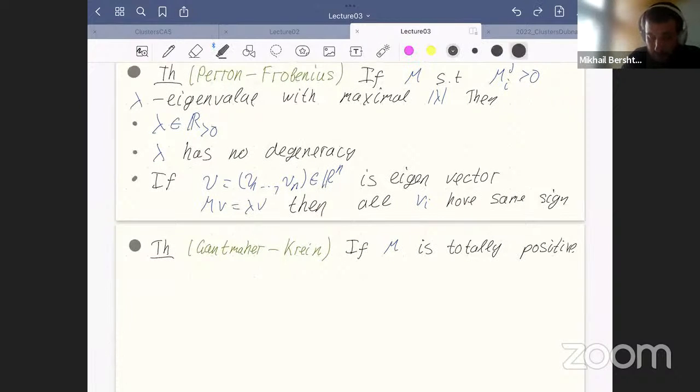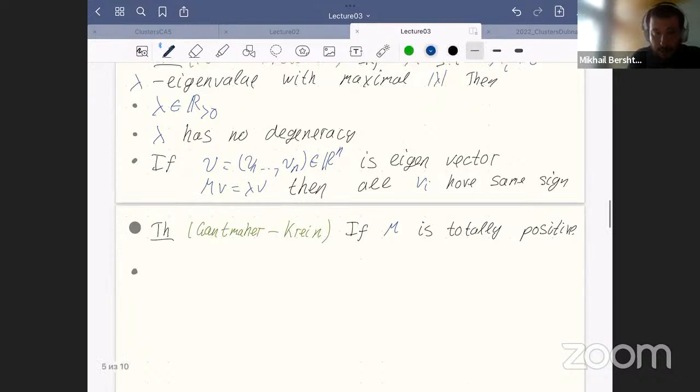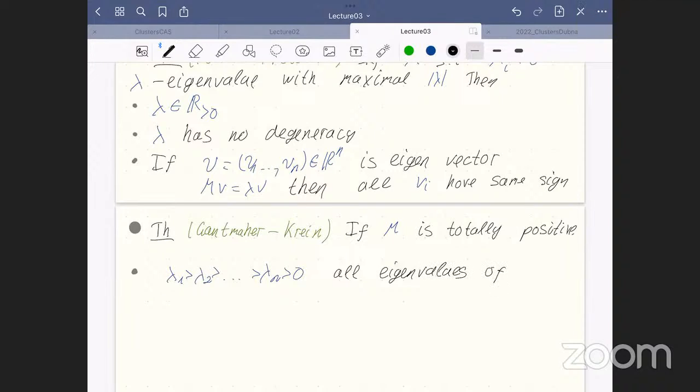First, its eigenvalues are all positive and distinct, and all real, greater than 0.